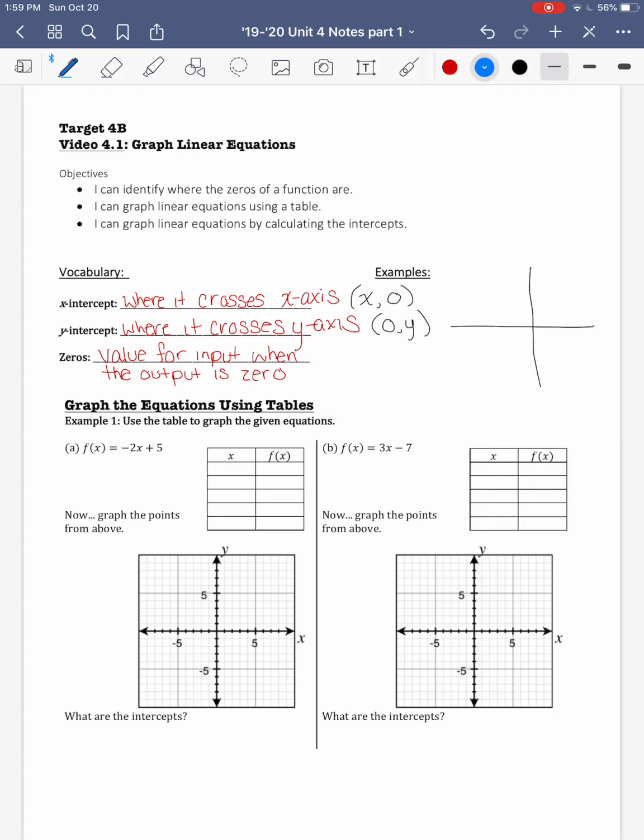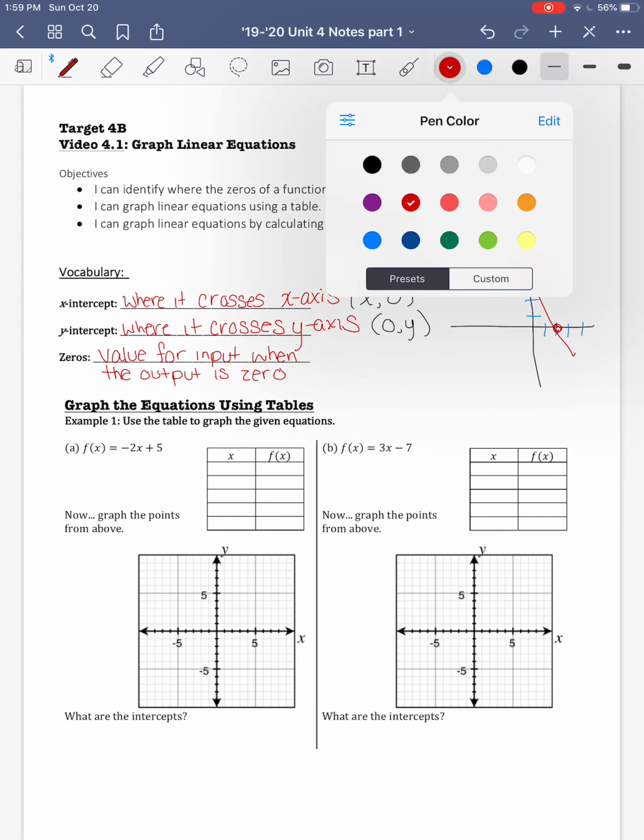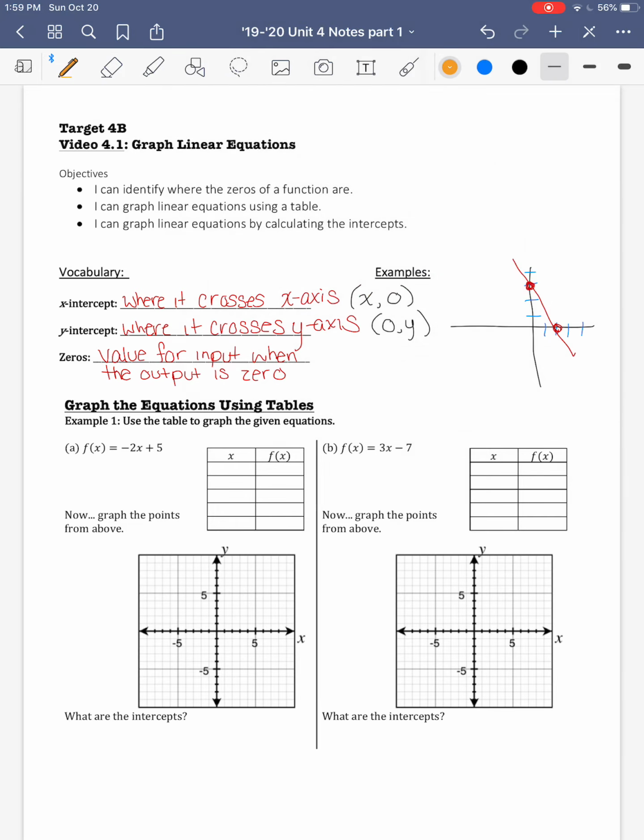Okay, and so an example of all this: if I were to have a graph, and let's say we've got 1, 2, 3, 4, 1, 2, 3, 4, and I'm going to put my line in here, so let's say there's a point there, and a point here. It's a terrible straight line, but you kind of get the point. Oh, geez, hold on.